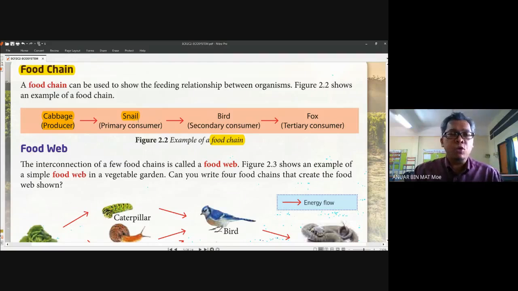So we put snail under primary consumer. How about birds? Birds also eat snail, so we put bird under secondary consumer. And how about fox? Fox will eat the bird, so we put it under tertiary consumer. This is an example of a food chain.